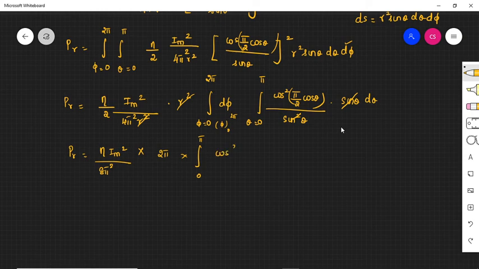We have the term cos square of pi by 2 cos theta divided by sin theta d theta, because we cancelled one sin theta term in the numerator and the denominator. So balance we have one sin theta that is present.